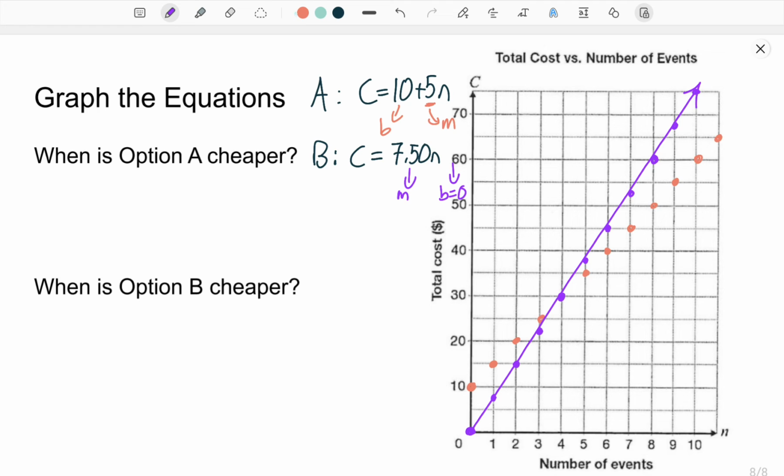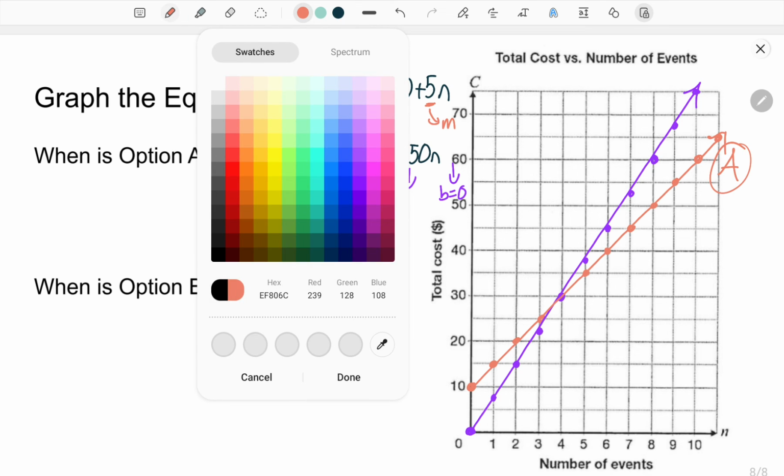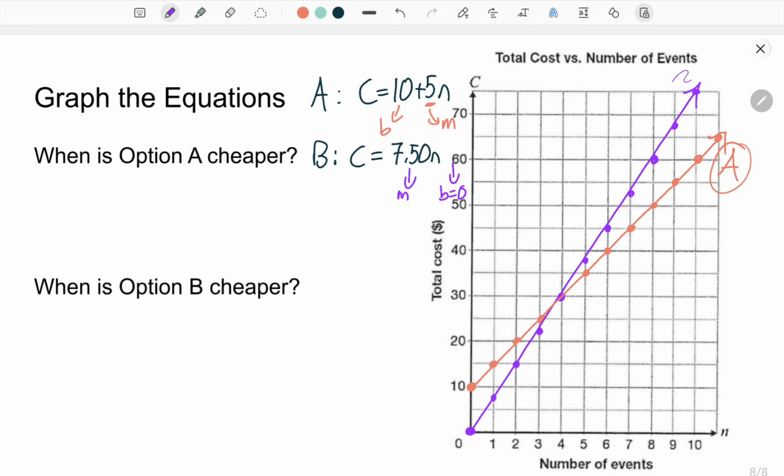We're not going to do it on the left side, because we can't go to a negative number of events. So we have a definitive starting point in this situation. Okay, and if we do the red line, that should look something like that. And again, going onwards from there. So red is option A, and purple is option B.